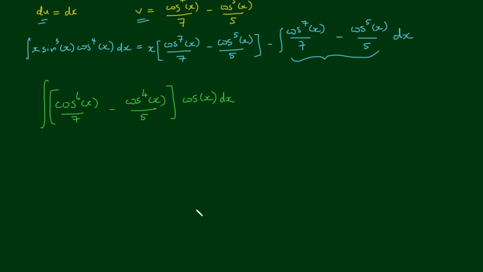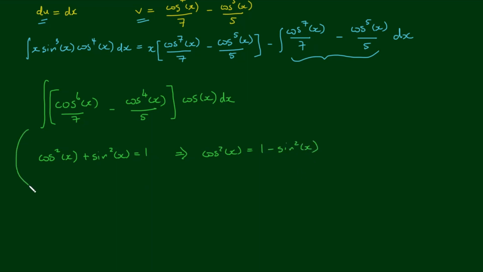Okay, so what was the point of this manipulation? Well, I am now going to find a substitution. So recall that the Pythagorean identity, cosine squared of x plus sine squared of x, is equal to 1, which means cosine squared of x is equal to 1 minus the sine squared of x.